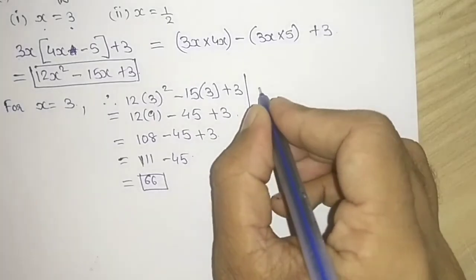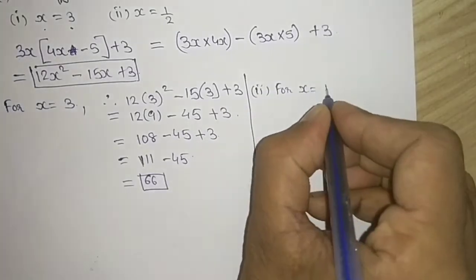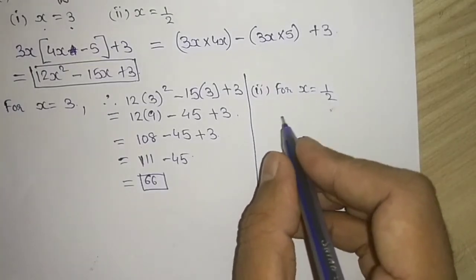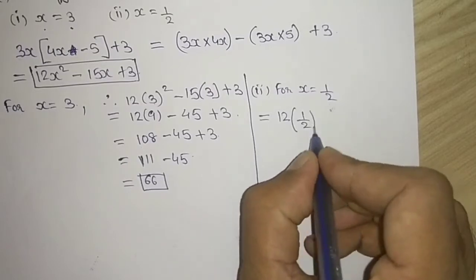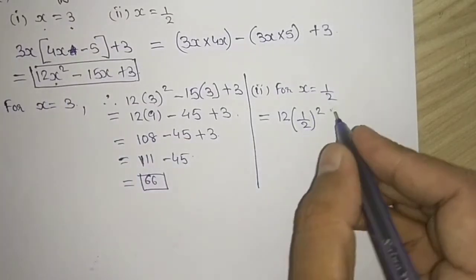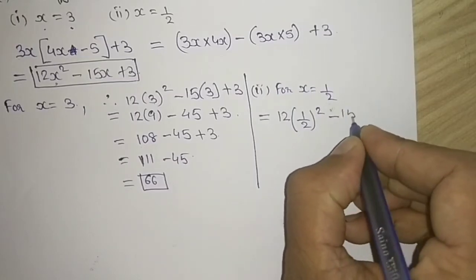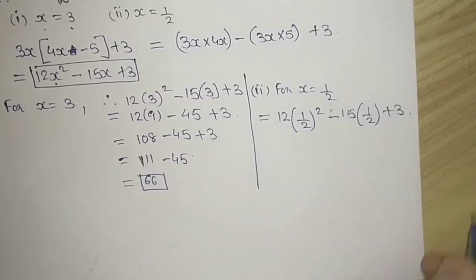Now moving for second. For x is equal to 1 by 2 now. Therefore 12 into 1 by 2 square, because instead of x we have written 1 by 2, minus 15 into 1 by 2 plus 3.